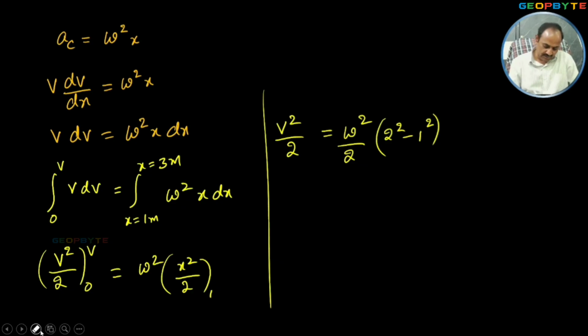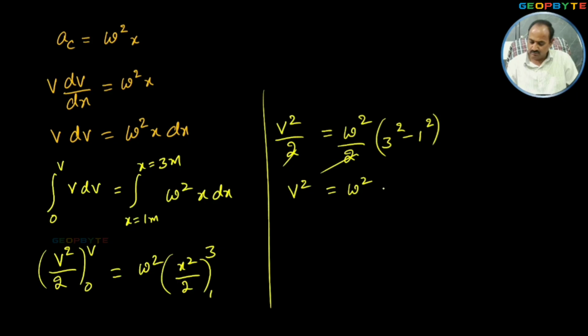Be very careful, it is 3 square minus 1 square. Let us simplify it. Of course, this 2 cancels. V square equals omega square into 9 minus 1, which is 8. So V square equals 8 omega square.